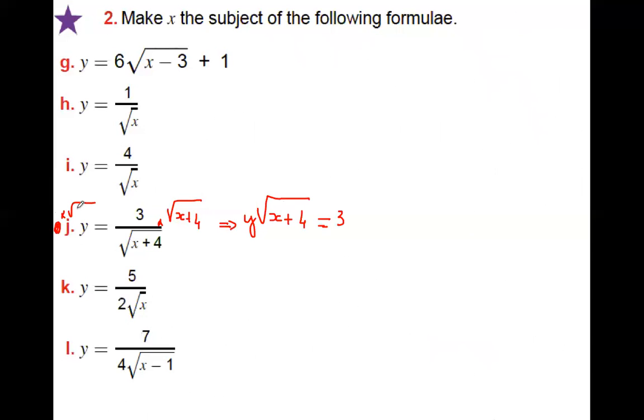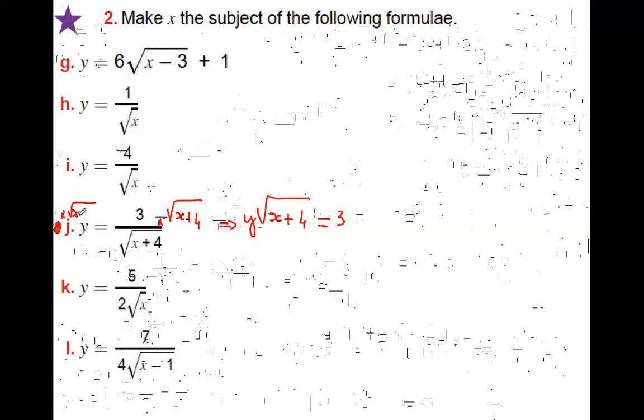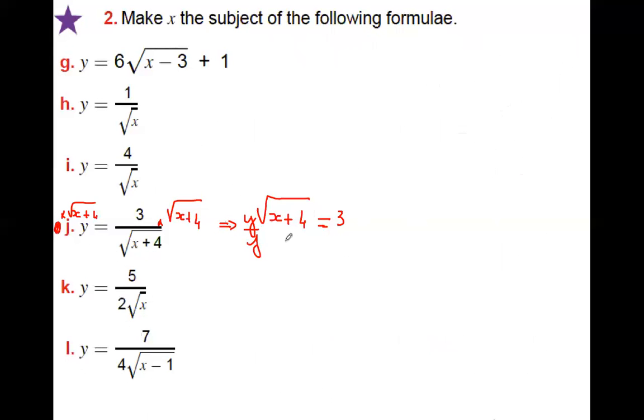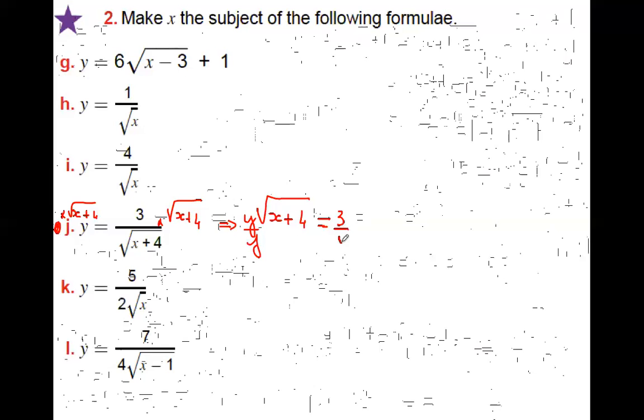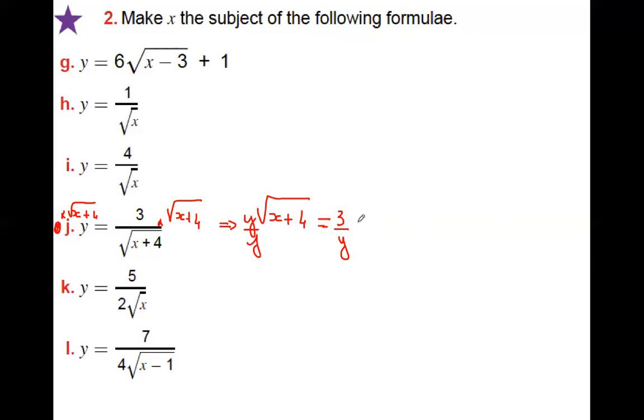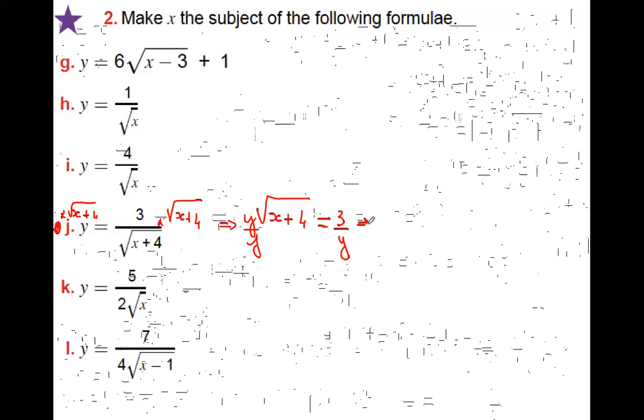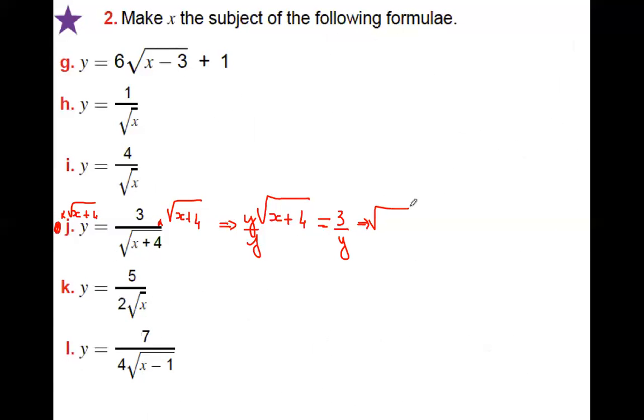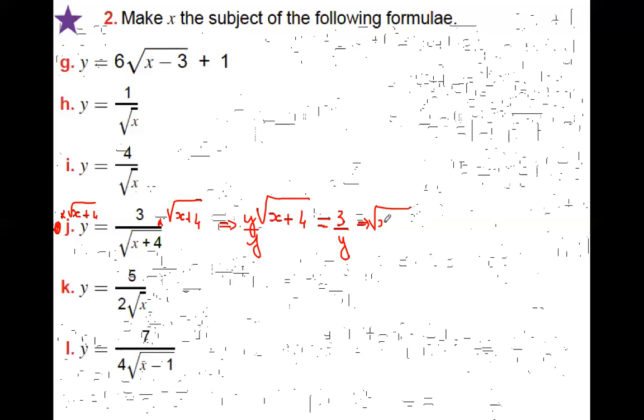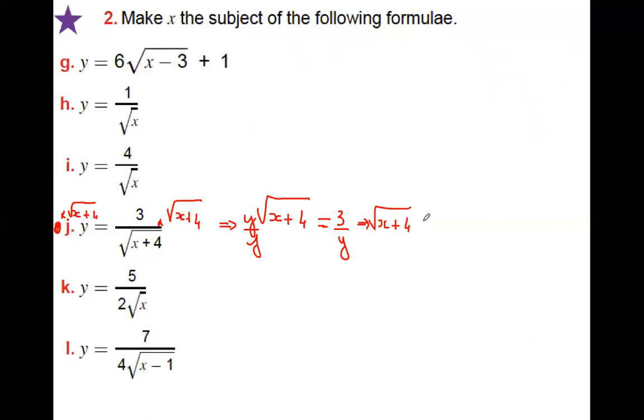And once we've got that, now we need to get rid of the y. So because it's a time y, we're going to divide both sides by y. Yeah. So then I get root x plus 4 equal 3 over y. And now, how do we get rid of a square root? We just square the number.